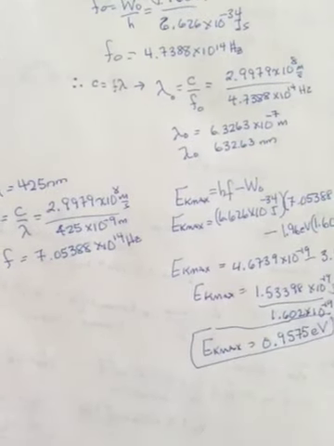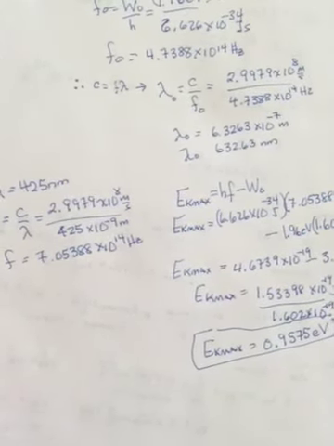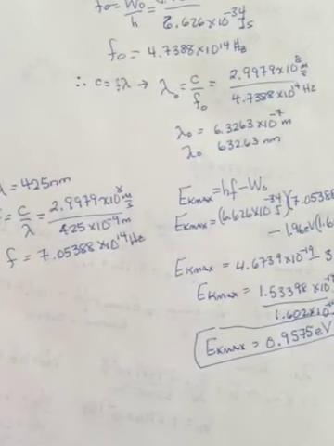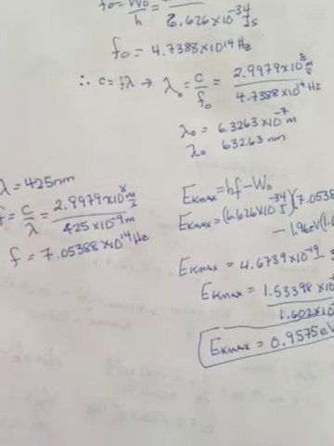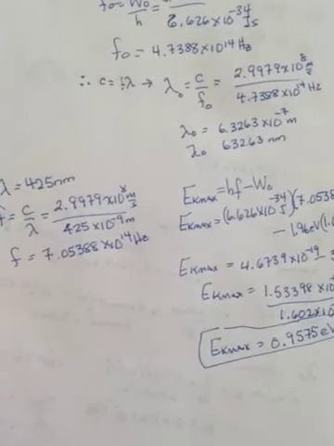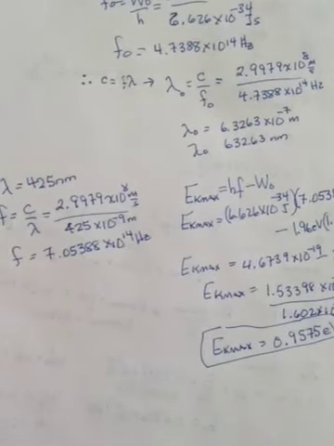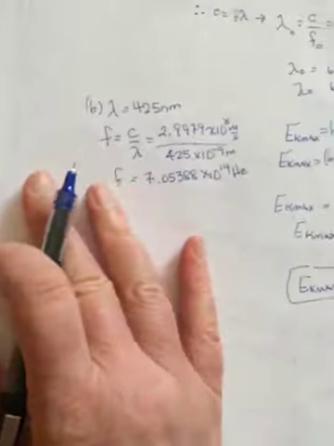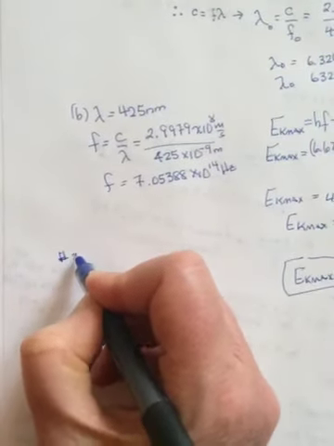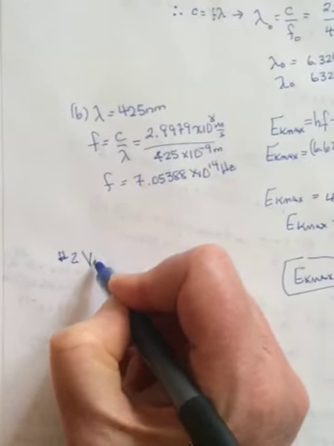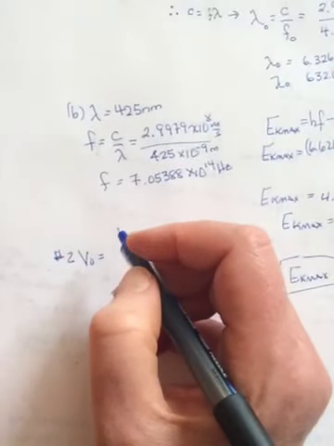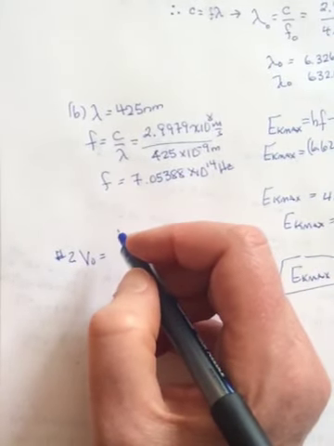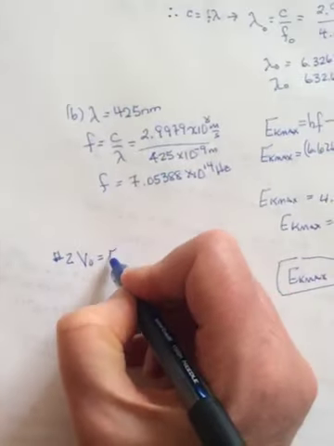All right. The next page, over on page 570, I asked you to do numbers 2 to 6. So number 2, the stopping potential, VO. The stopping potential of a certain metal is 5 volts.